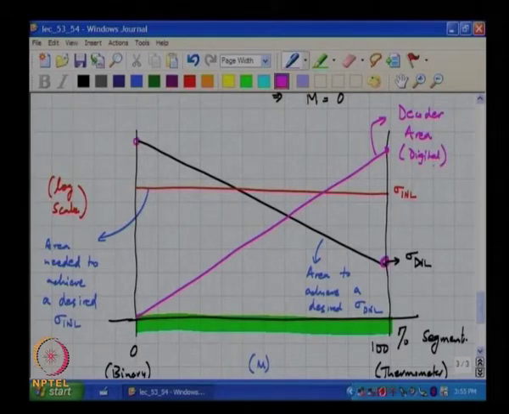The total area therefore will be the sum of the digital area and the analog area.